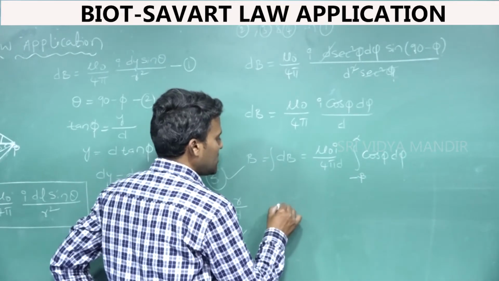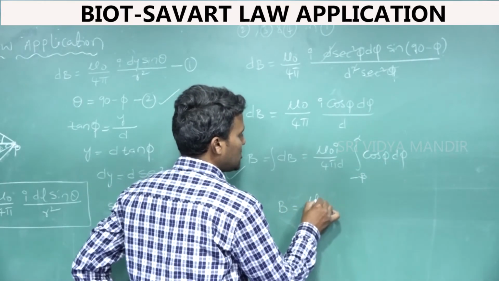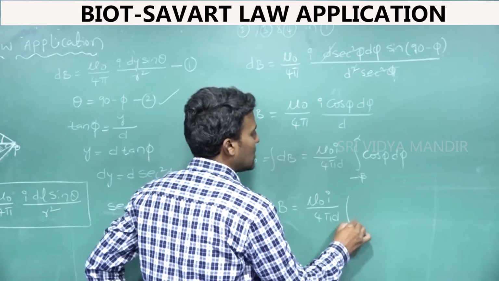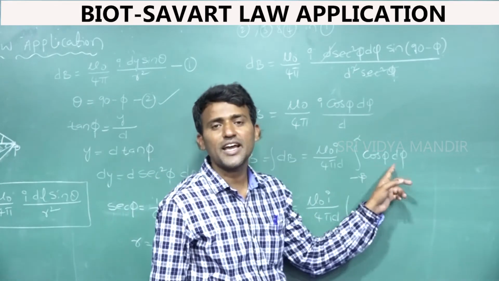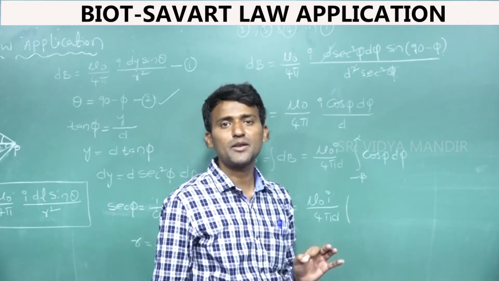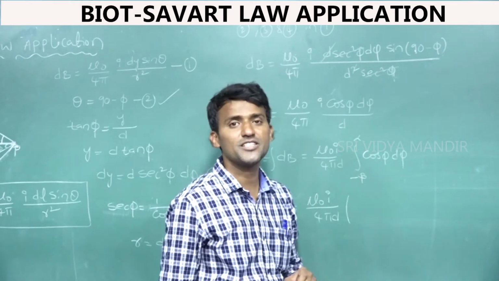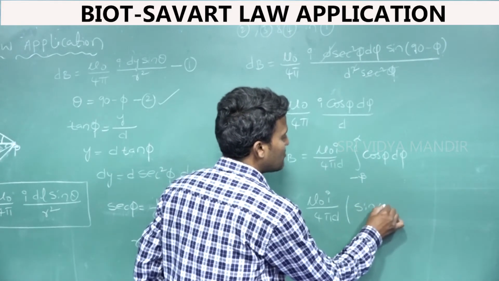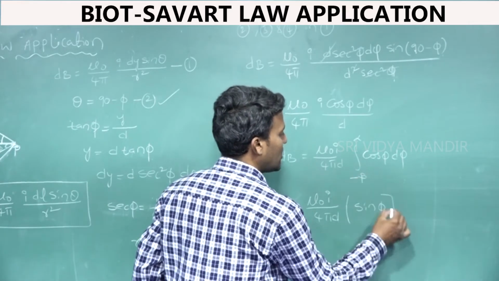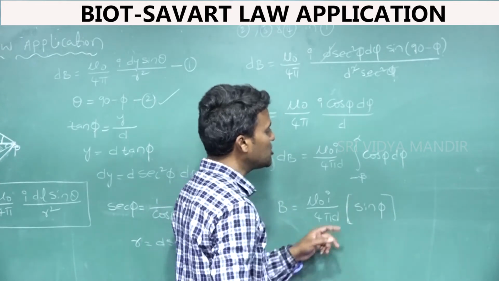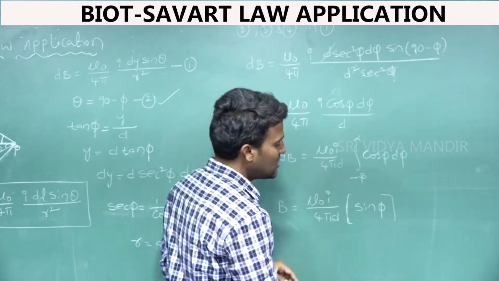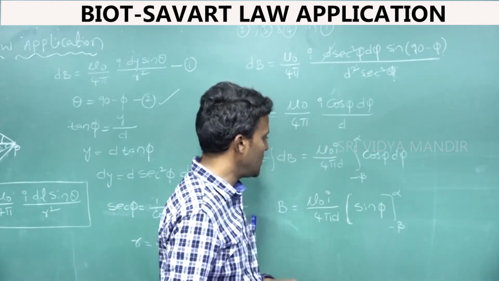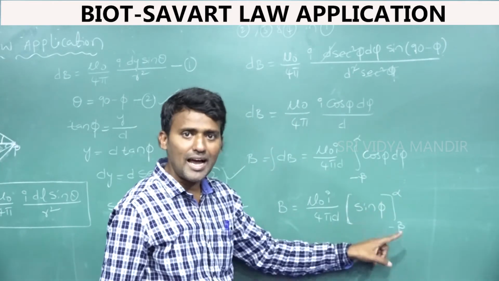B is equal to mu naught I divided by 4 pi d. What is the integration of cos phi d phi? Integration of cos phi is nothing but sin phi. So sin phi, I have written the limits. After completion of the integration, the limits we have to write on the right side of the bracket, minus beta and alpha. Now substitute the upper limit and lower limit.